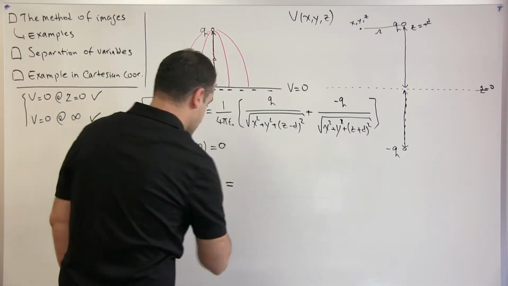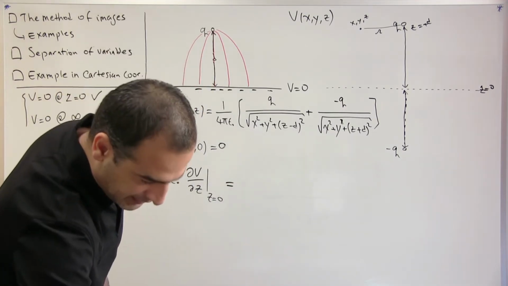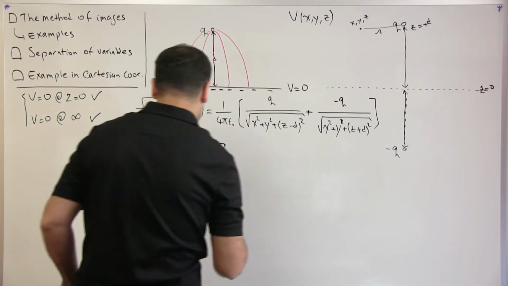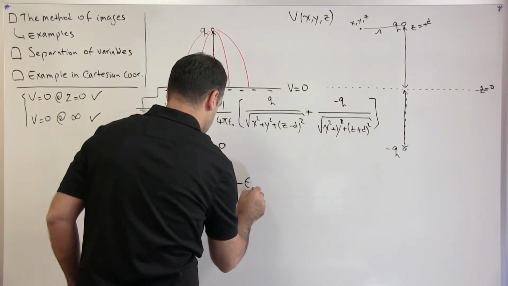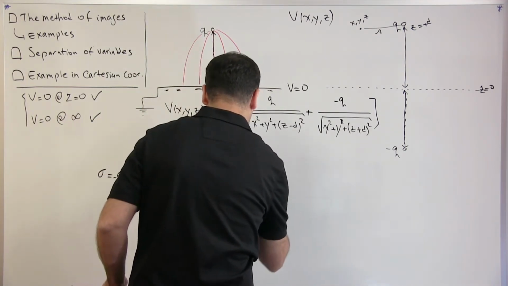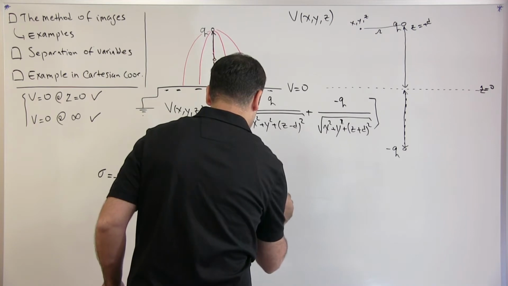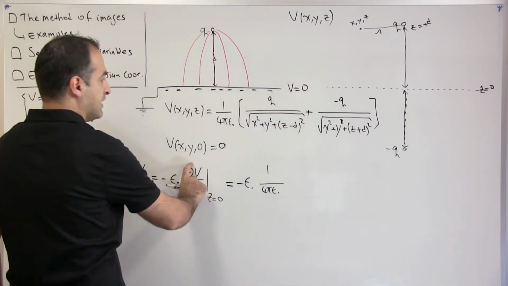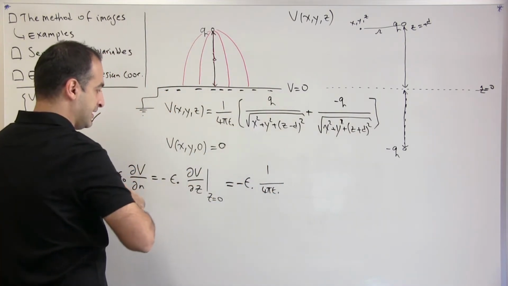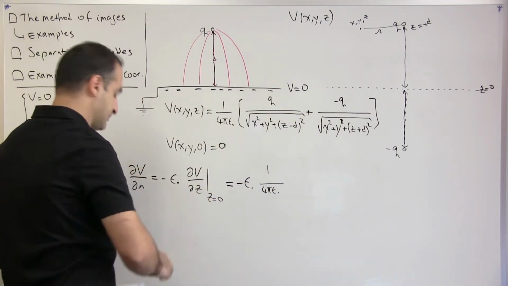I'm going to write that quick here: negative epsilon 0 times 1 over 4 pi epsilon 0. What I'm doing is just taking the derivative of this term, and then calculating that at z equals 0.